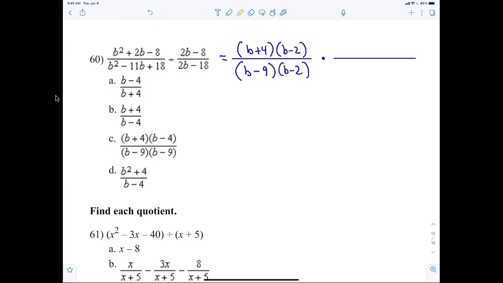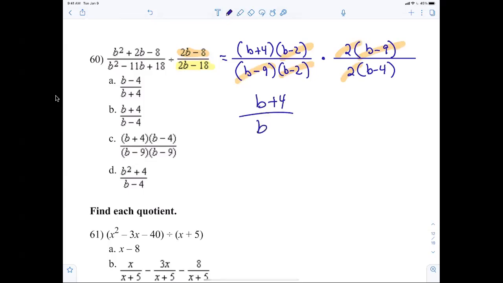Now, don't forget, this 2b minus 18 is at the top. So that would be 2 times b minus 9, and on this one, 2 times b minus 4. Now just start crossing things out. b minus 9 cancels, b minus 2 cancels. And so it's just b plus 4 over b minus 1.